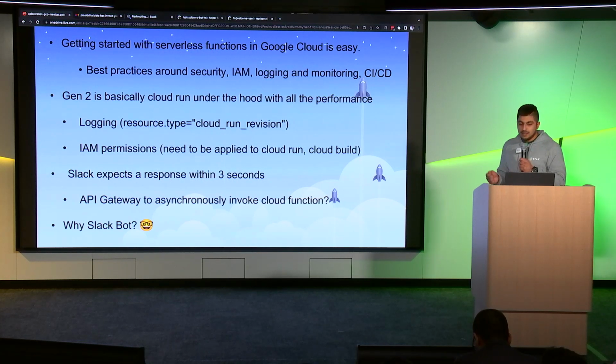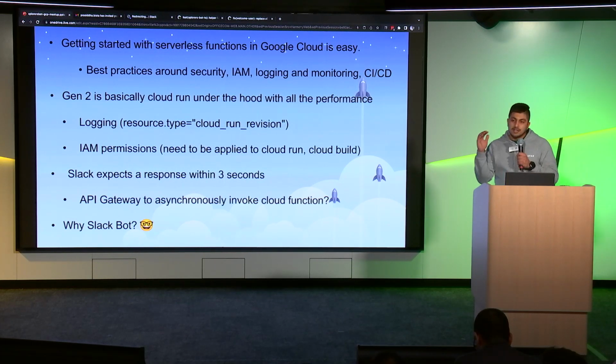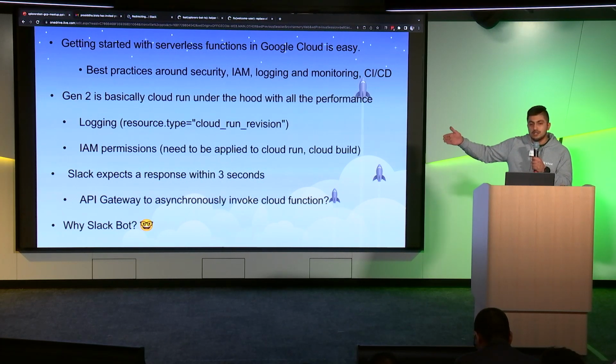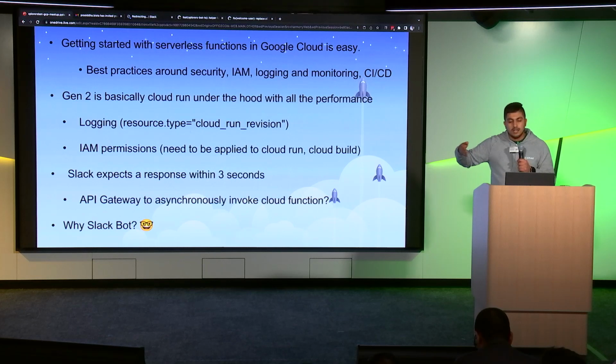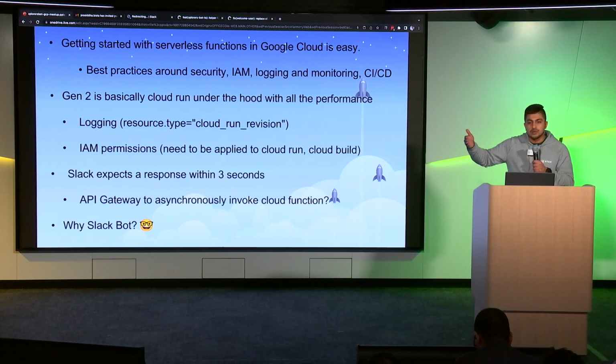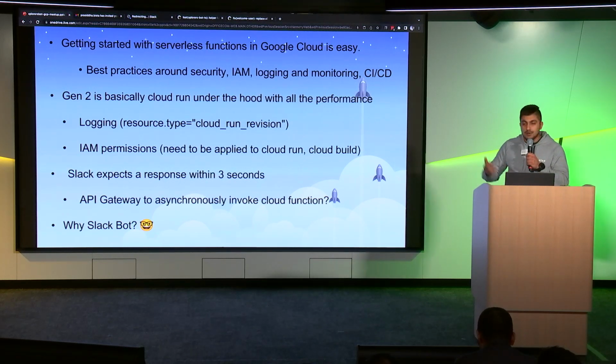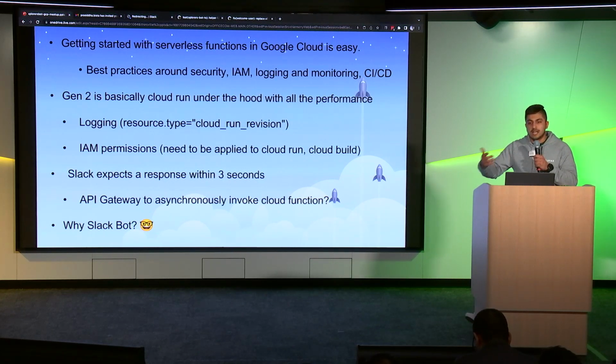So how can we solve this? One way to solve this would be to create an API gateway in front of the function, which will then immediately reply to Slack with a 200 OK, but then behind the scenes invoke the function asynchronously. So the Cloud Function can take its time, but in terms of the contract between Slack and the function, the API has responded to Slack immediately with the 200 OK, so Slack is happy, and we can take our own time to process the Slack event.